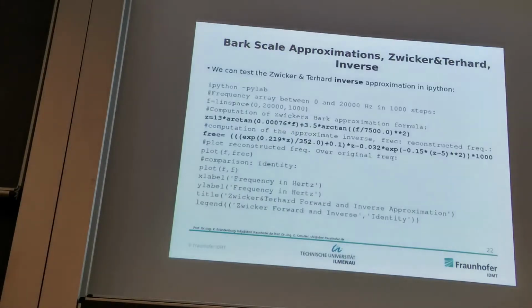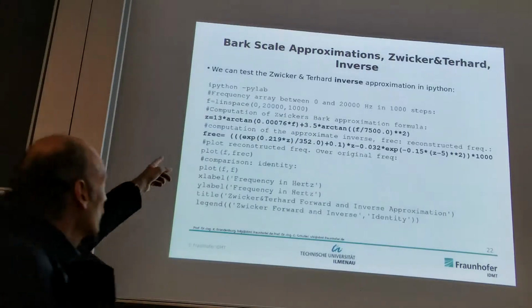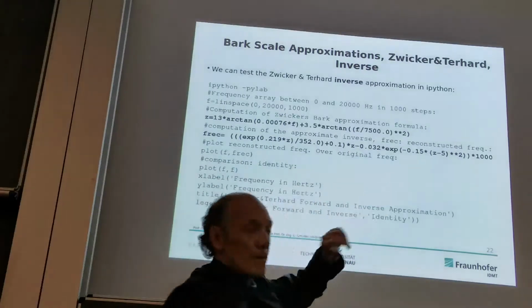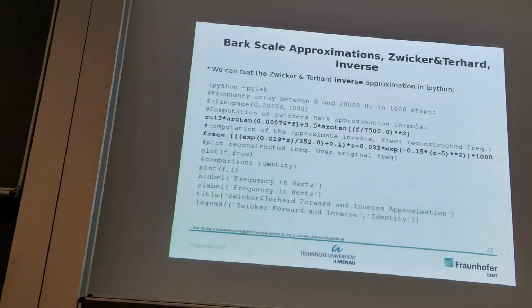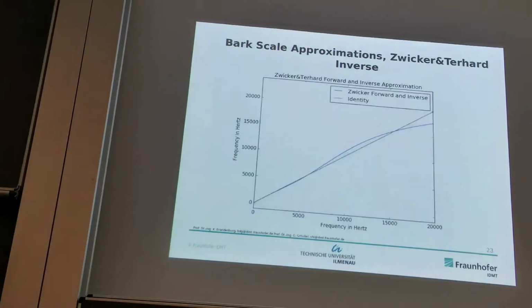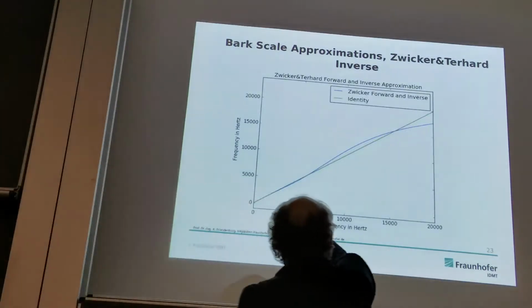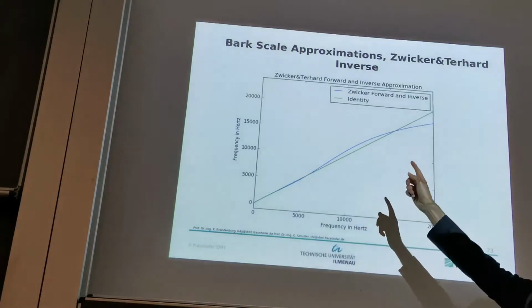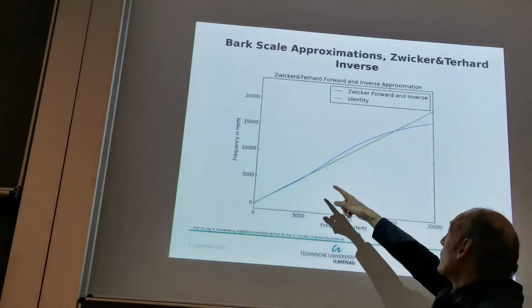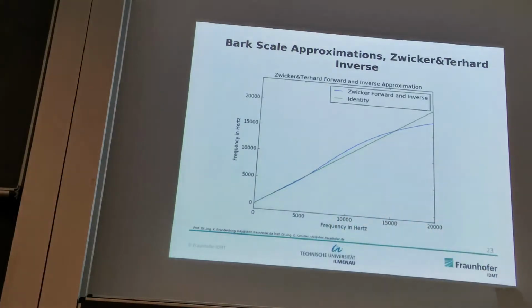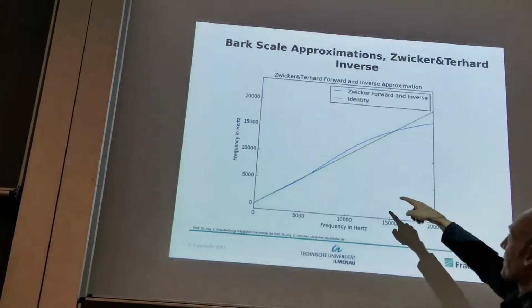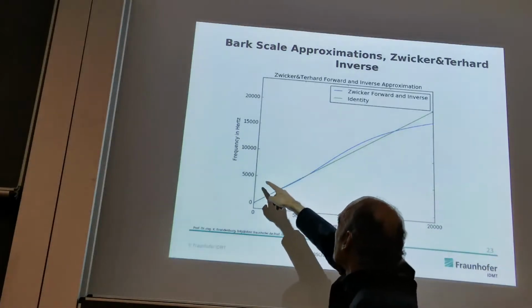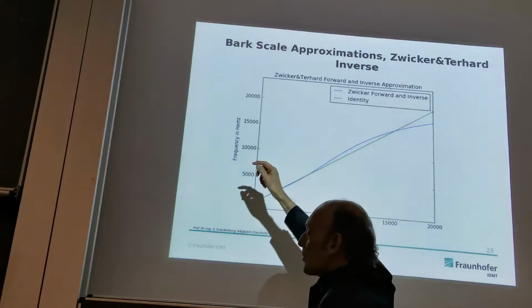And then we can test the inverse using this formula which we just saw. So basically apply this function to the output of the first, and then we get this. So here we can see the green is the identity, this is what we would need, and the blue is what we obtain. And then you can see we have quite some deviation here, it's easily 1000 Hertz deviation.